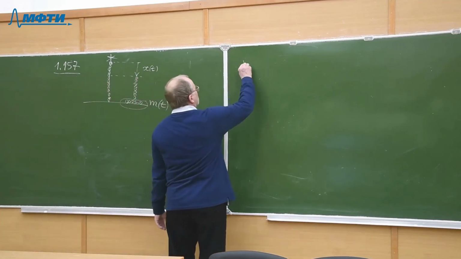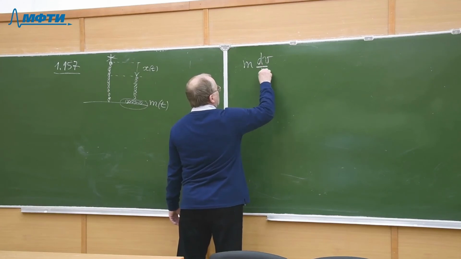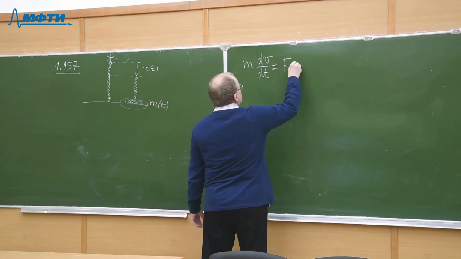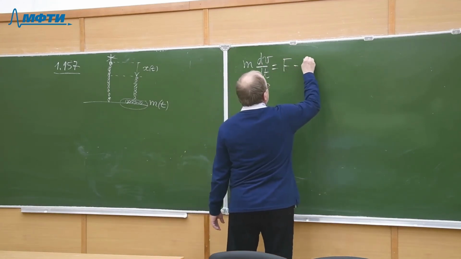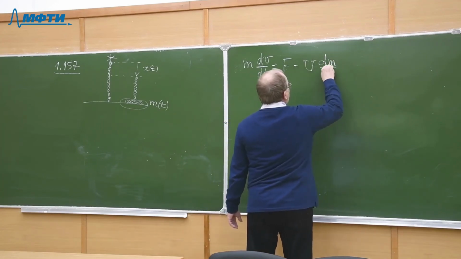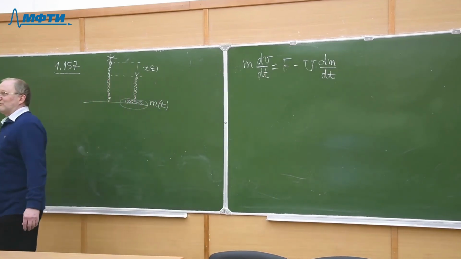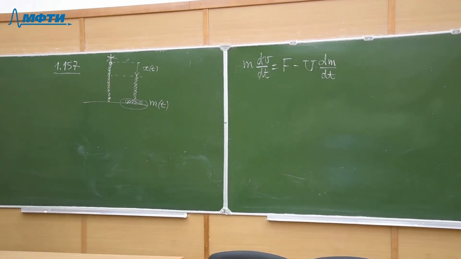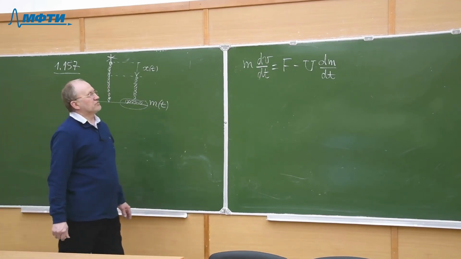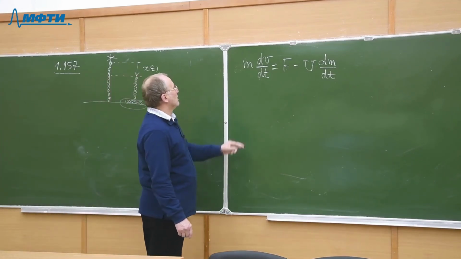The Meshchersky equation is, you remember, m dv/dt equals F minus the velocity u dm/dt. We derived this equation, and I wanted to consider this problem to repeat it, and we know the meaning of each term.